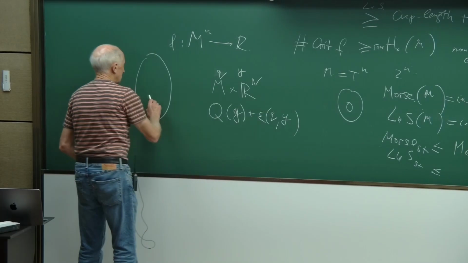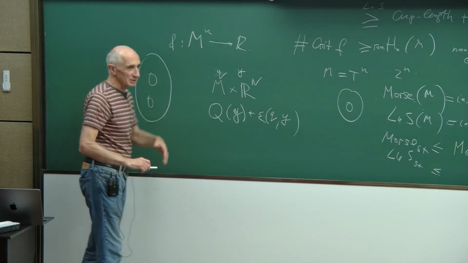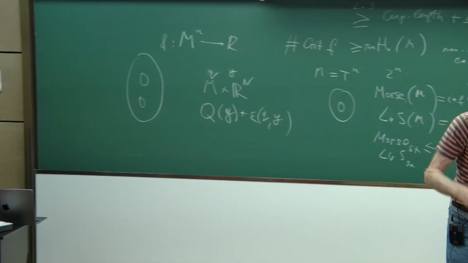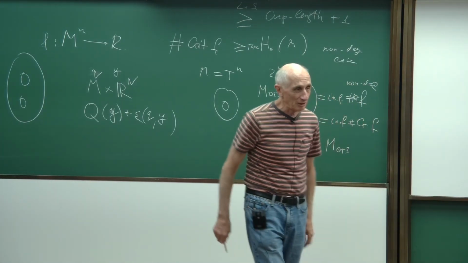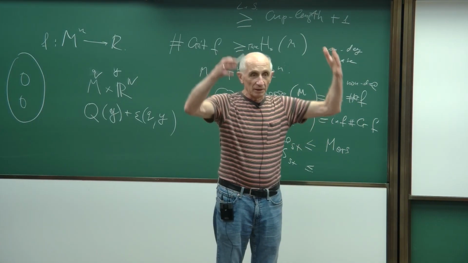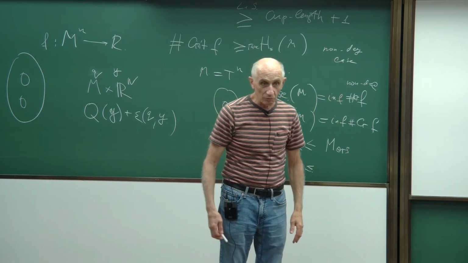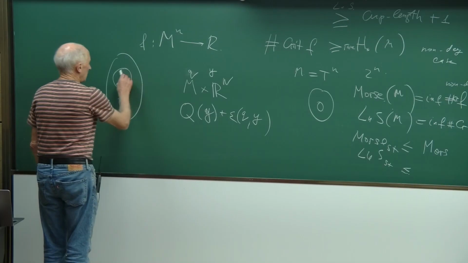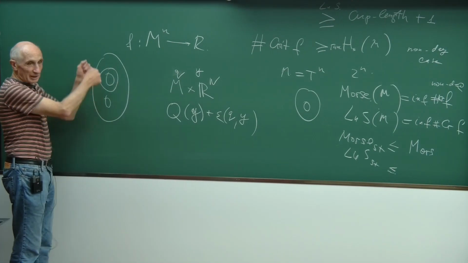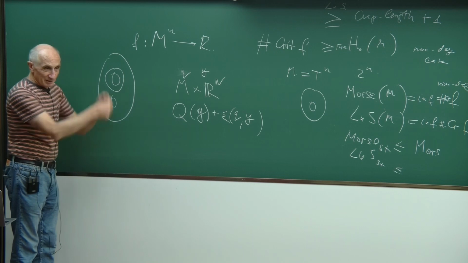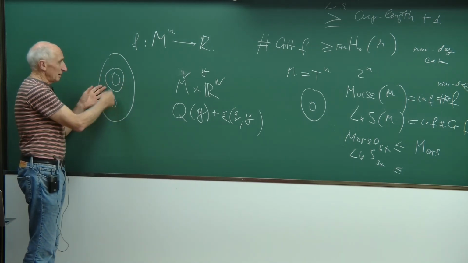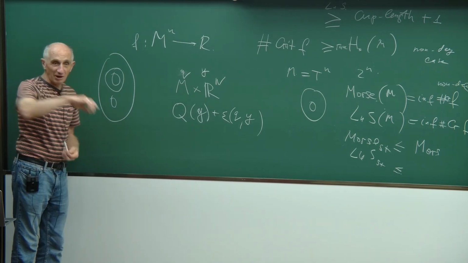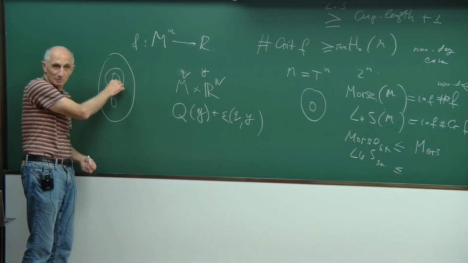This is how Morse, and also Seifert and Threlfall and those people, thought about these Morse inequalities. They said, okay, you take some cycle and try to realize the cycle in such a way that the maximum of the function on this cycle is the minimum possible.